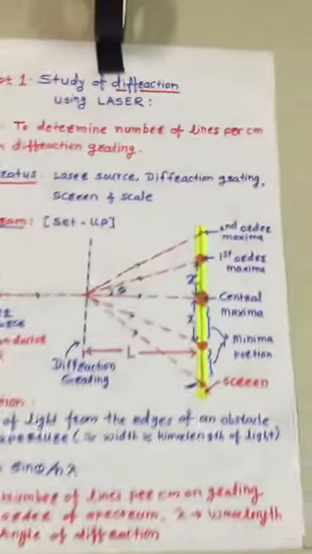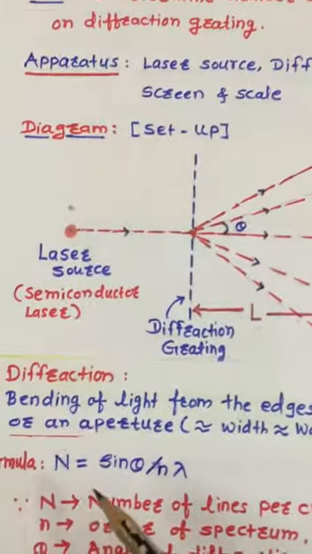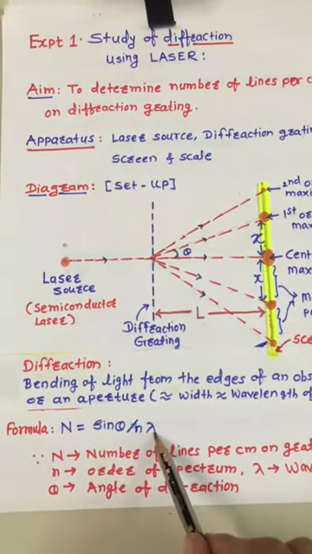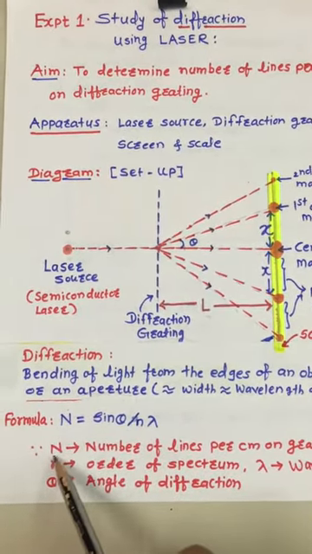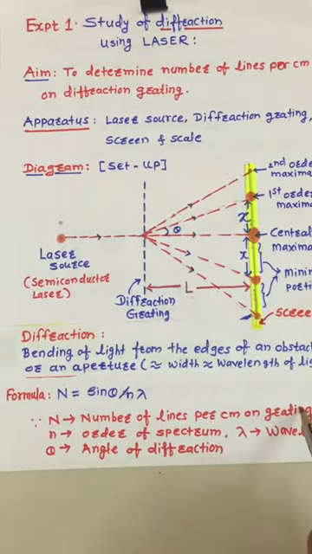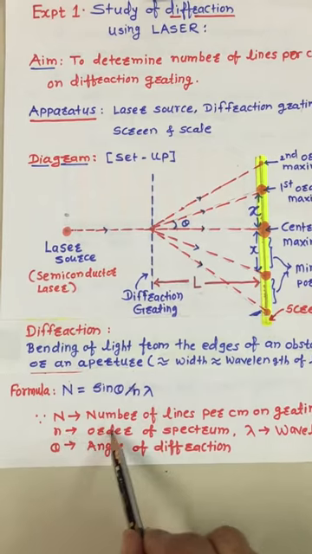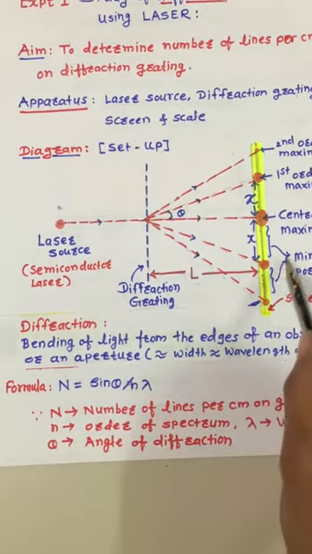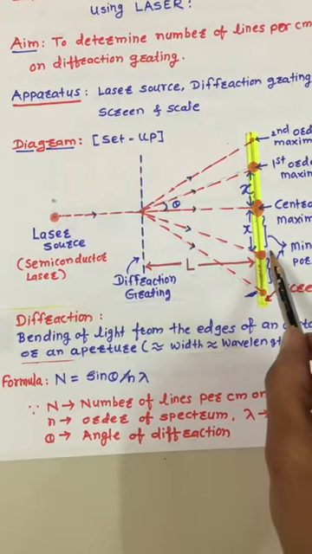The formula which we are going to use is N = sin theta / (n lambda), where capital N stands for the number of lines per centimeter on the grating. Small n stands for the order of spectrum. As just discussed, the order which we are going to use is the first order.